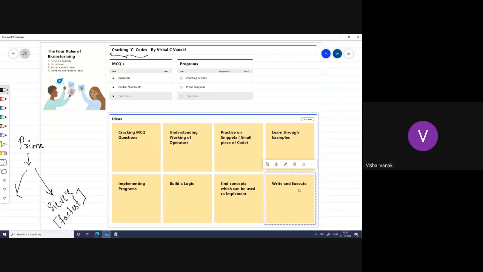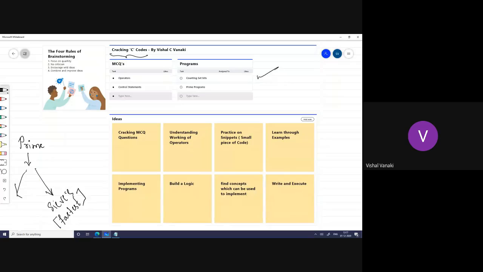To write a program, you need to follow the basic syntax. Now, when it comes to programs, we will be seeing counting the number of set bits and prime number based programs, 2-3 varieties of programs.